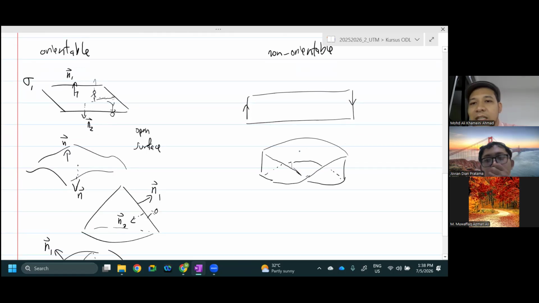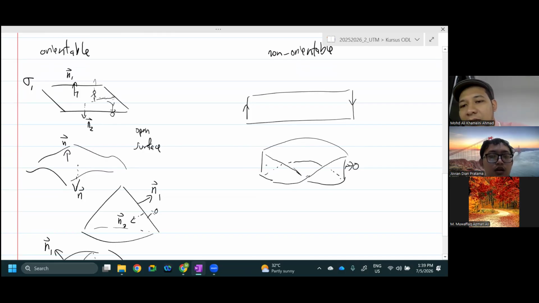Because if you are here, then you can travel across the surface without crossing the boundary. Like here, you need to cross the boundary, right? Meaning that you have only one direction there, more or less. So that's why we call it a non-orientable surface.